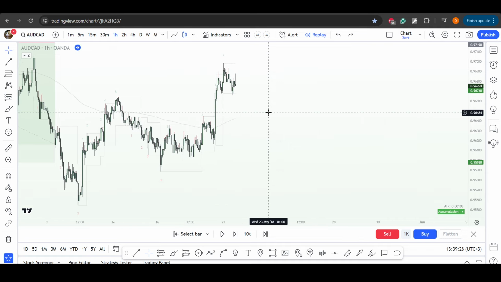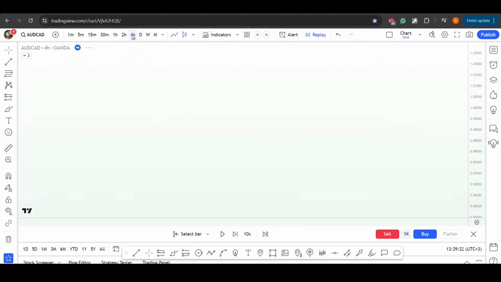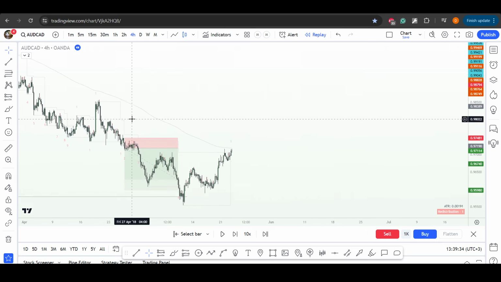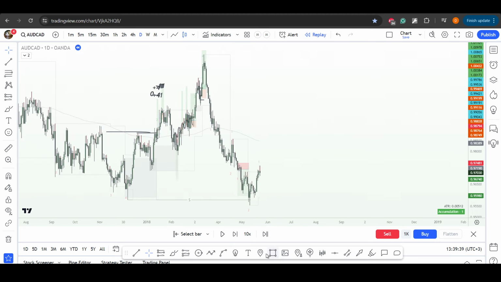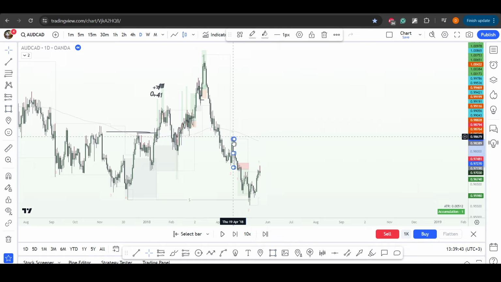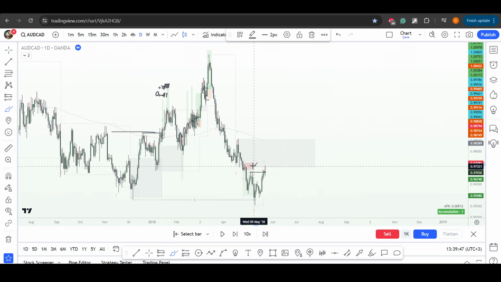Okay, great, because the higher we go, the better, because then we will have more space in a bearish bias to work with. And let's see what we have on daily. On daily, we have this extreme zone, and we are tapping into it now, taking this intermediate high as liquidity to fuel the move to the downside.